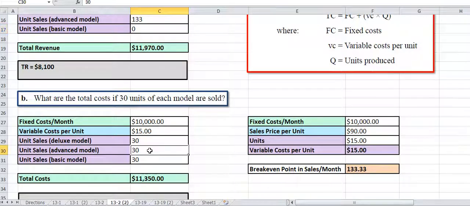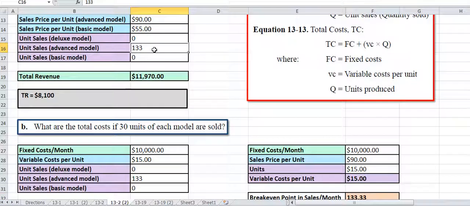Just put in 133 right here, and then change these to 0, so we just see what we have. And then we see that at 133, our total cost is just a bit more than our total revenue.